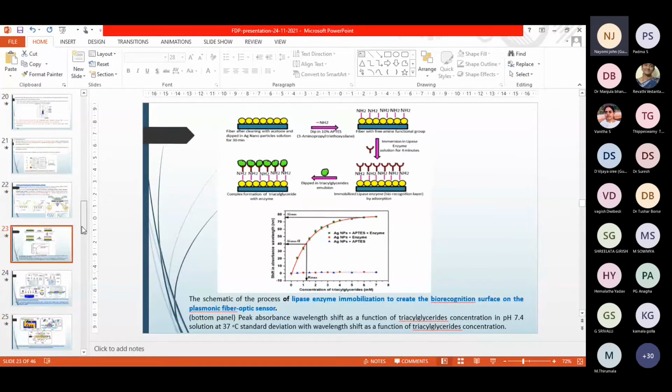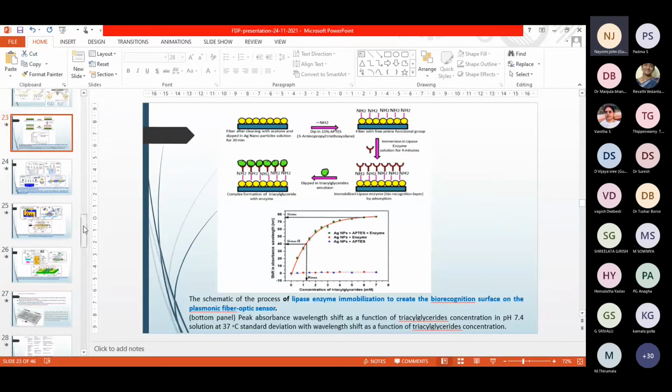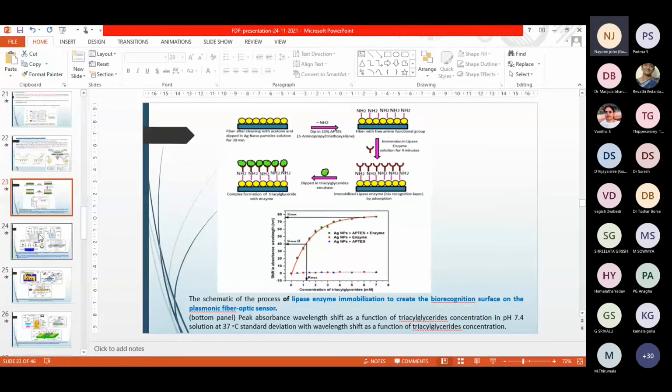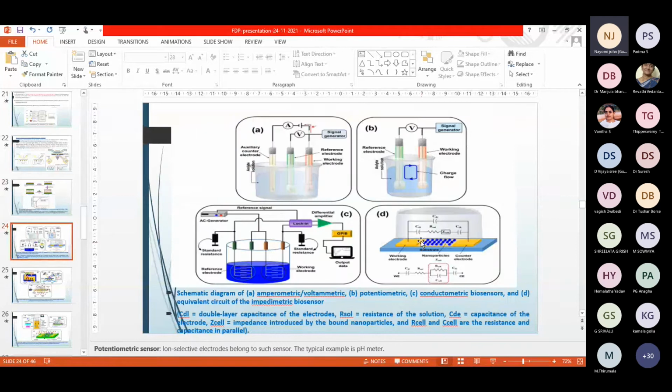Moving further, there are so many biosensors which I have picked up. Just in a nutshell, what we have seen: this is amperometric. There will be a working electrode, a reference electrode, and an auxiliary counter electrode. The electrons which are released will be detected in the form of a voltmeter reading, and this is nothing but the potentiometer, which we have understood.